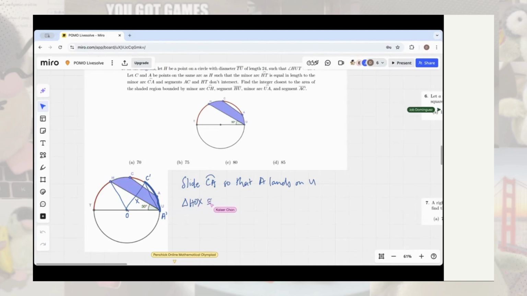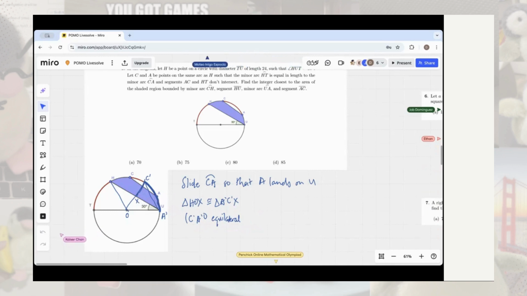And the reason for this is that triangle C C prime A prime O is equilateral, and angle C prime A prime X is 30, and X prime C prime A is 60.